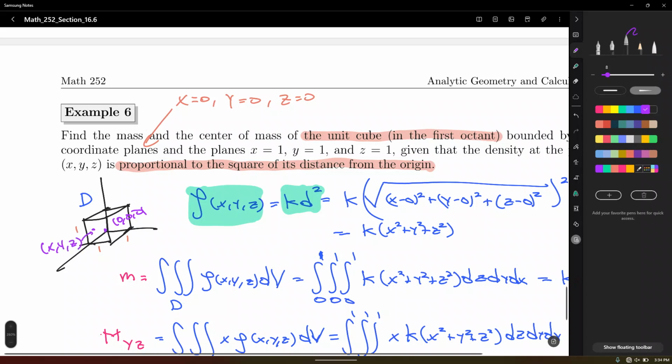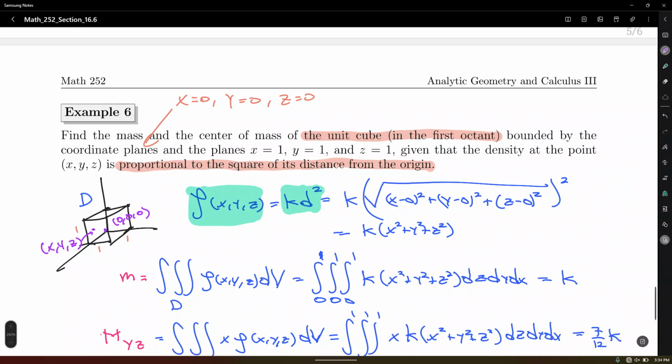What's the distance from the origin to any point? That is the square root of (x2 minus x1) squared, (y2 minus y1) squared, (z2 minus z1) squared. That means x minus 0 squared, which is x squared, y minus 0 squared, which is y squared, and z minus 0 squared, that's z squared. Everything under the radical because that's from the distance formula, and then all squared, and see how the radical cancels the square, leaving us with this density function rho of x, y, z.